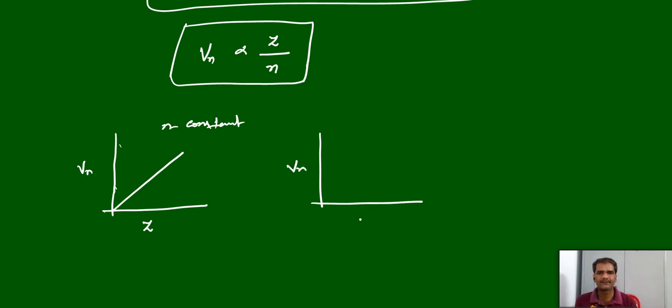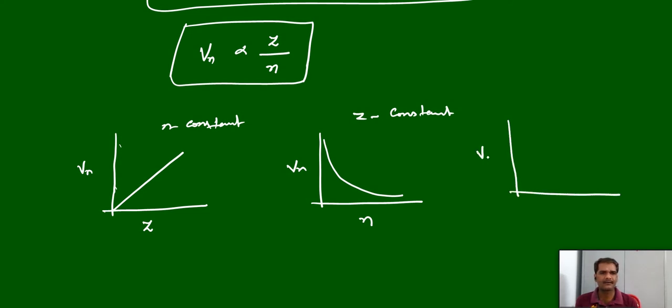Take velocity versus orbit number. Then again, as usual, you get a graph like this, where Z is constant in this case. Or if you take velocity versus 1 by n, then you will get a graph which passes through the origin. These are the types of graphs you can expect here.